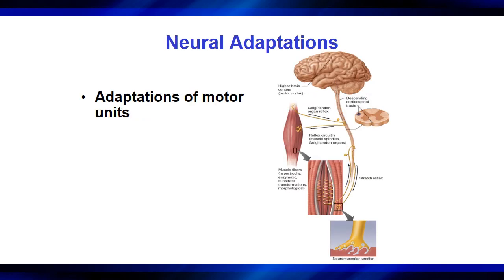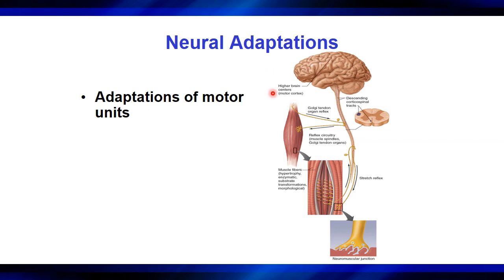Looking at the neural adaptations, this entire picture shows you all the different things that interact within the nervous system. You have the higher brain centers here in the motor cortex. You have the descending corticospinal tracts, which are basically tracts that go from the cortical regions in the brain down the spinal cord.